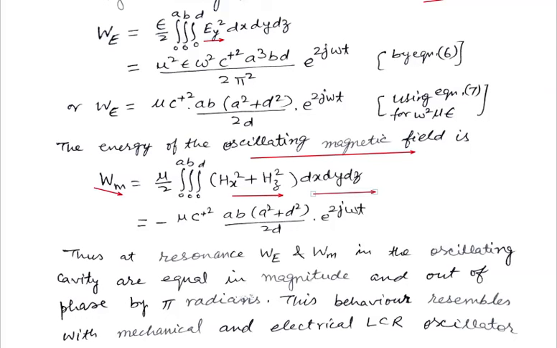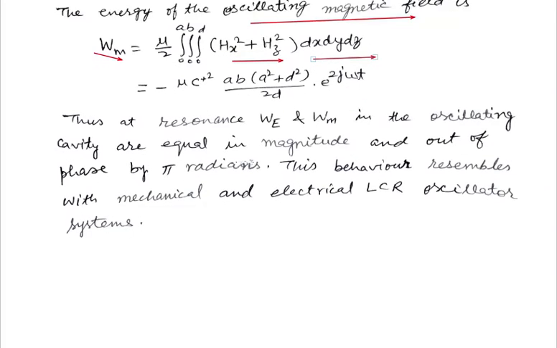Substituting the values of Hx and Hz already derived, this expression comes out to be minus mu C plus square AB into (a square plus d square) upon 2d e raised to the power 2jωt.